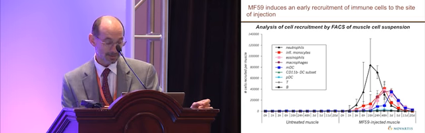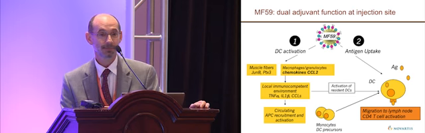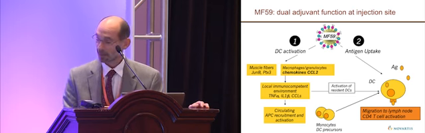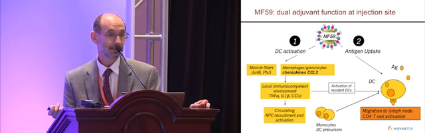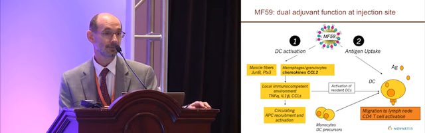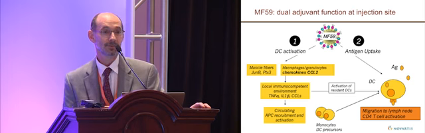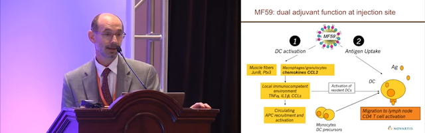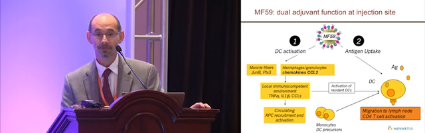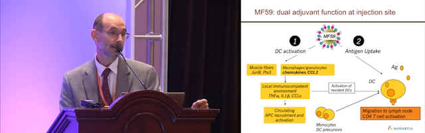So based on all of this information, we believe that MF59 is acting by at least two mechanisms, and that is by upregulating a series of genes, including those that facilitate the recruitment and activation of antigen-presenting cells to the site, either directly or indirectly facilitates antigen uptake at the injection site and then migration of those antigen-loaded dendritic cells to the draining lymph node, which ultimately results in a greater level of priming of antibodies and T cells against the antigen.